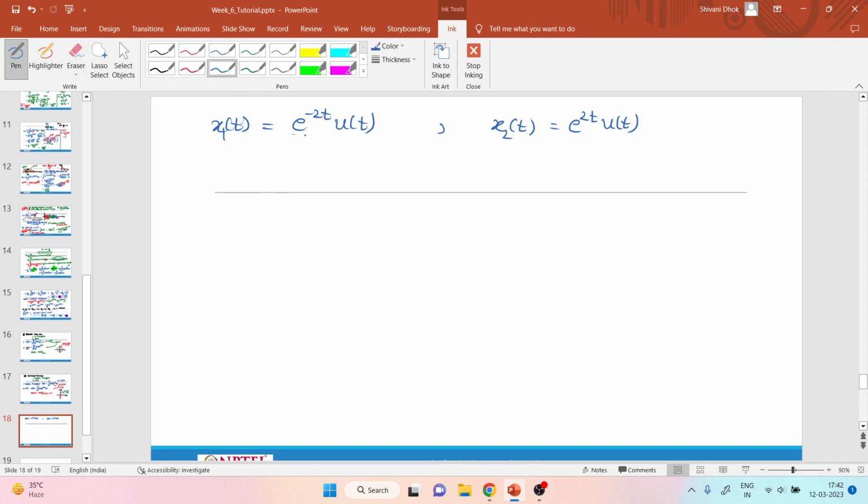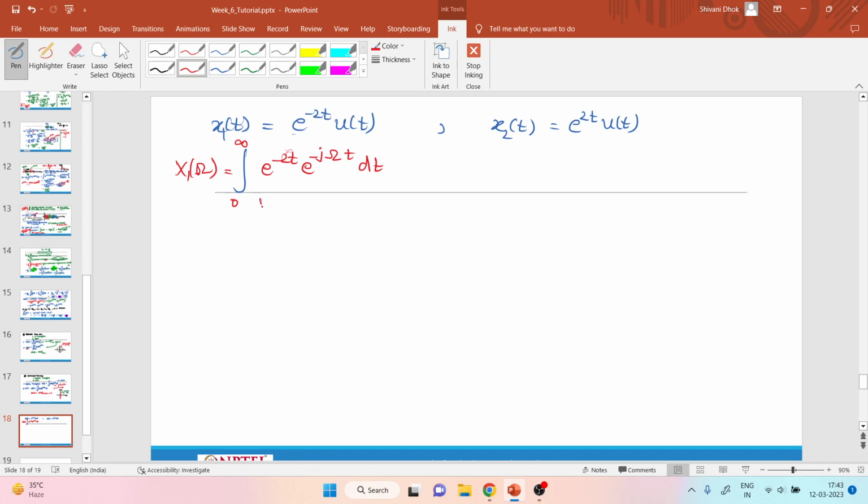If I try to find the Fourier transform of the first signal, it is simple: X1 of omega is equal to the integral from 0 to infinity of e power minus 2t e power minus j omega t dt. Since the real part is less than 0, the minus 2t dictates the convergence of this integral.